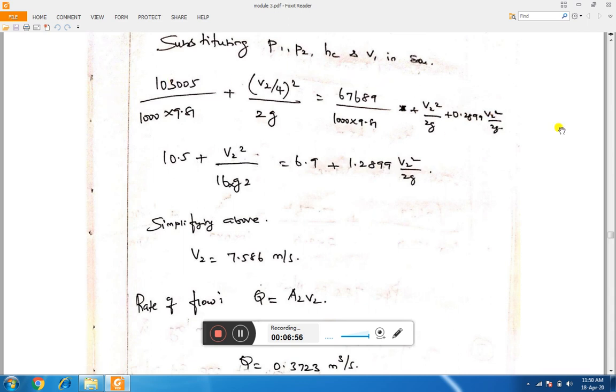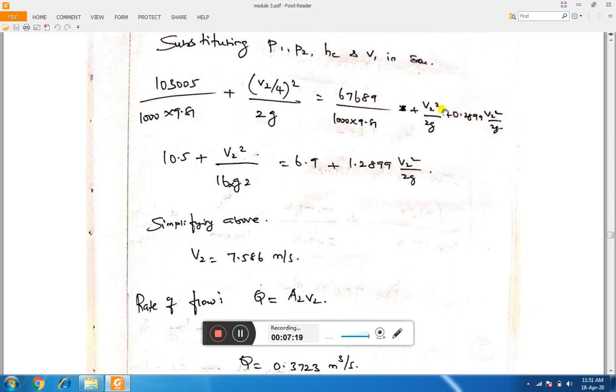Now if you look at this equation, the only unknown is v2. So we can calculate this one. Simplifying this, v2 square by 4 square will be 16, 16 into 2g. So this is g, not g square, and this is coming around 6.9.